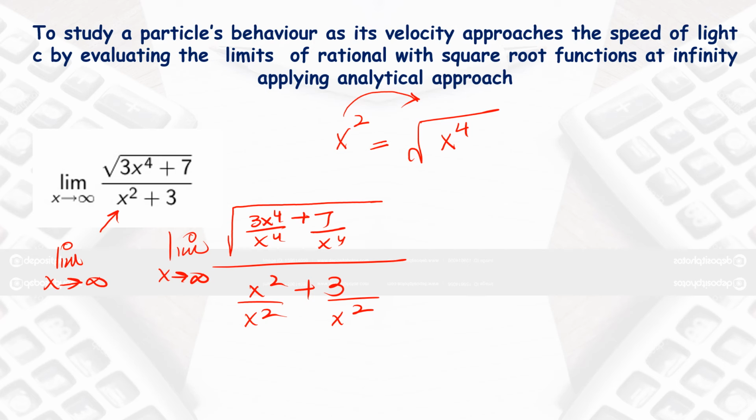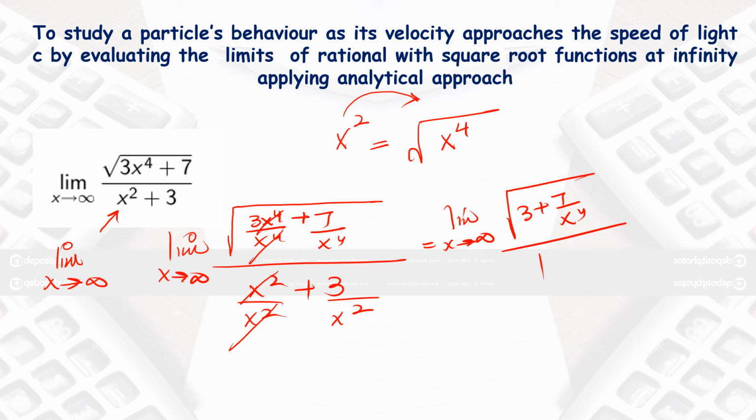Now its limit x approaches to infinity only. Solve it. x to the power 4 cancel, x square cancel. So you will have limit x approaches to infinity, square root of 3 plus 7 over x to the power 4 whole divided by 1 plus 3 over x square. Now apply the limit.